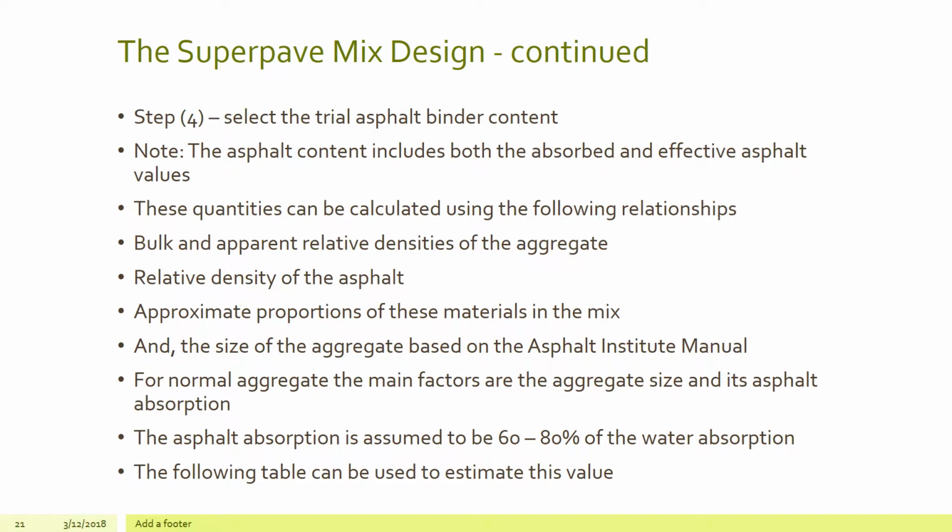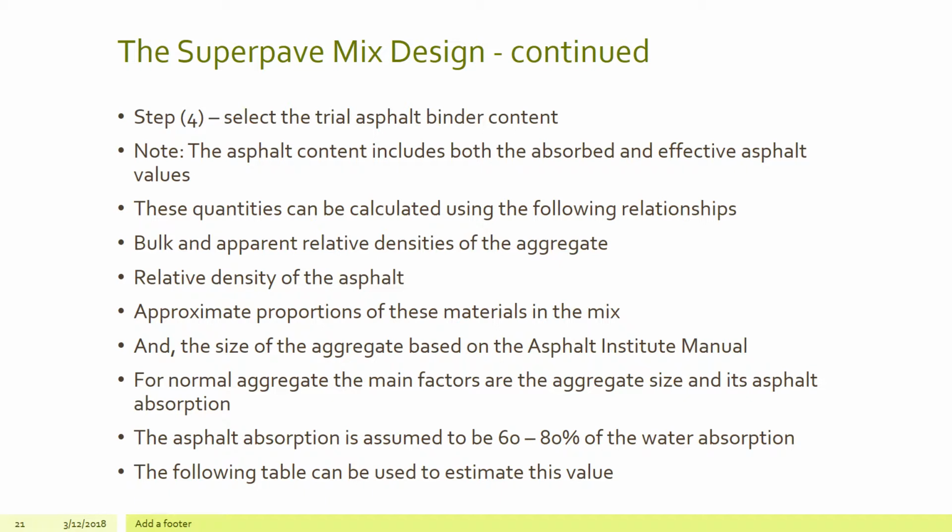The quantities can be calculated using the following relationships: the bulk and apparent relative densities of the aggregate, the relative density of the asphalt, the approximate proportions of these materials in the mix, and the size of the aggregate based on the Asphalt Institute manual. And for normal aggregate, the main factors are the aggregate size and its asphalt absorption.